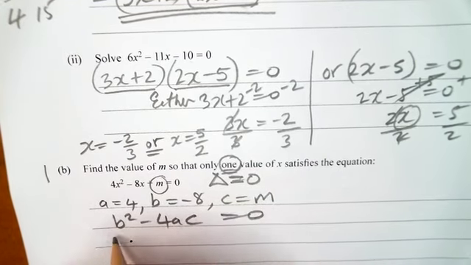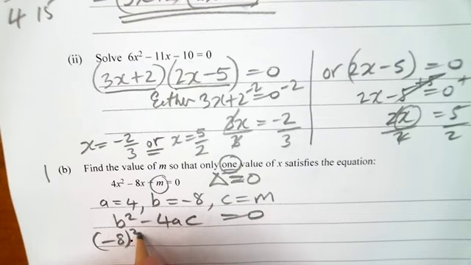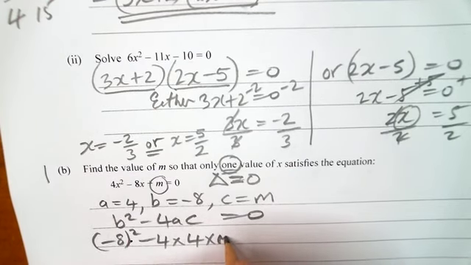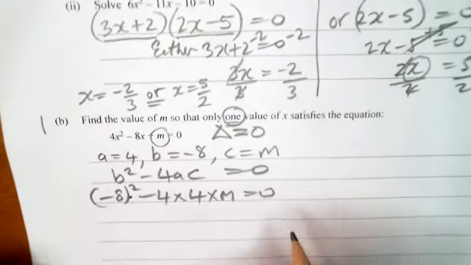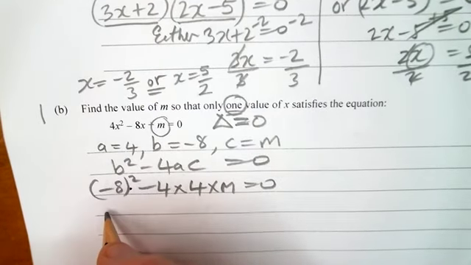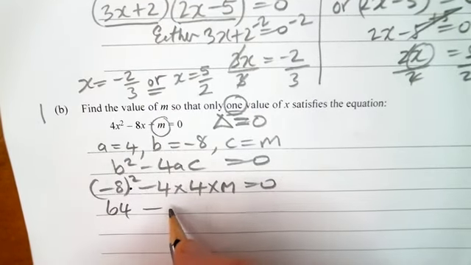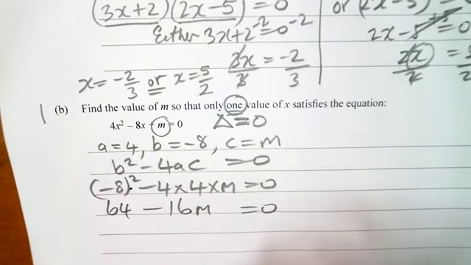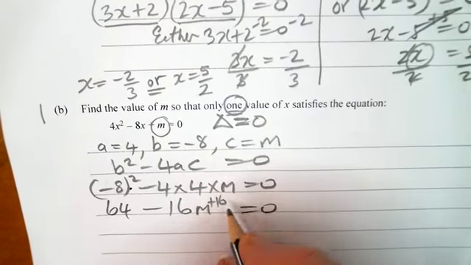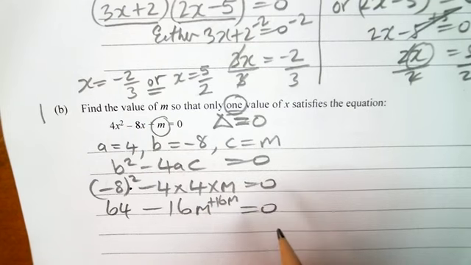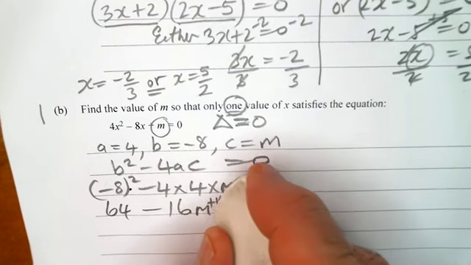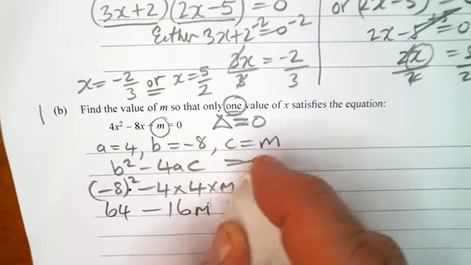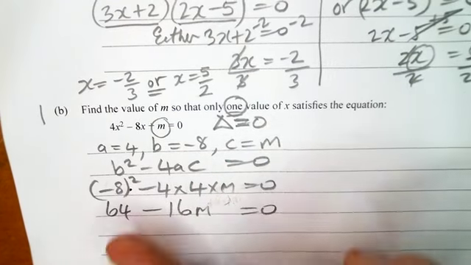What's b? Well, it's -8 squared, minus 4 lots of a, which is 4, times c, which is m, and that's equal to 0. Now, 8 squared is 64, minus 16m, and that's equal to 0. There are lots of ways you can do it.